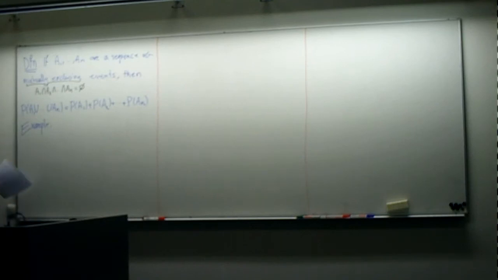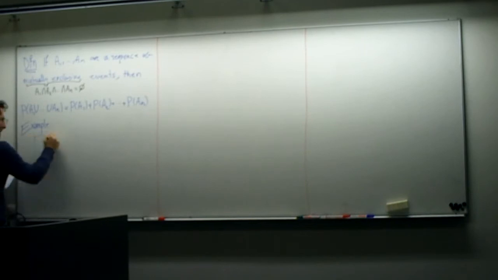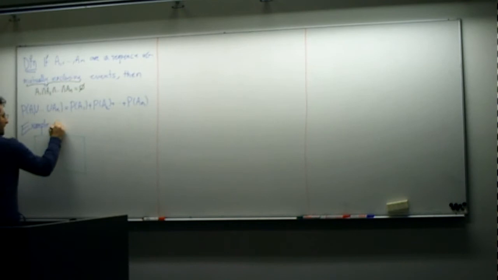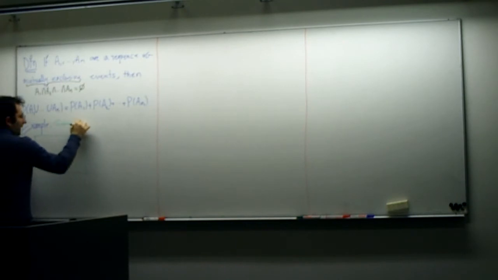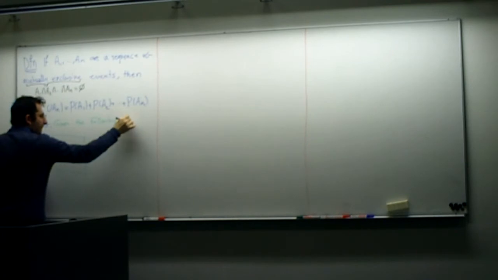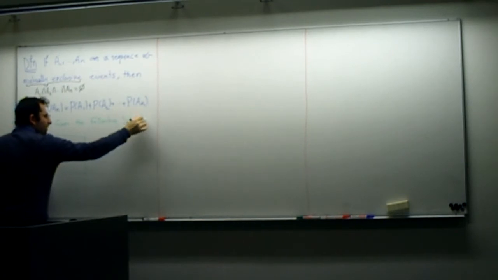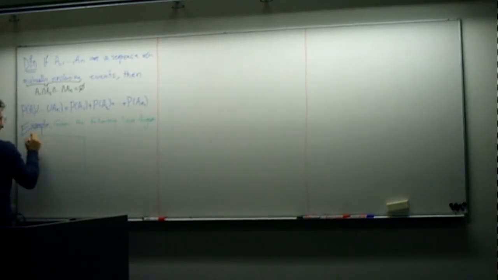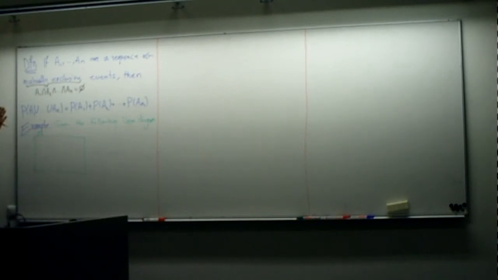So, assume given the following Venn diagram, it is S. This is the sample space that we have.